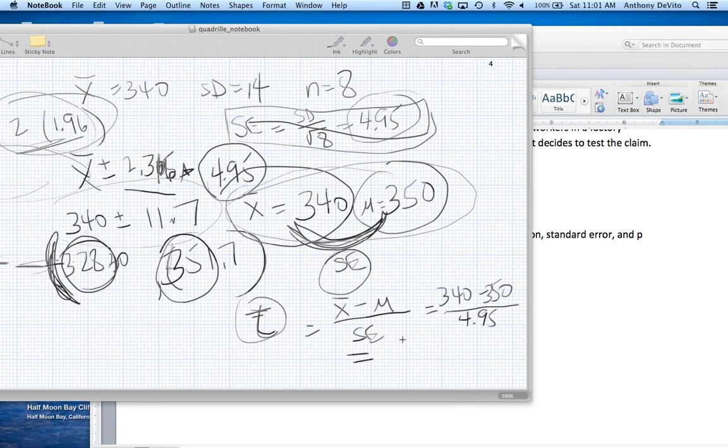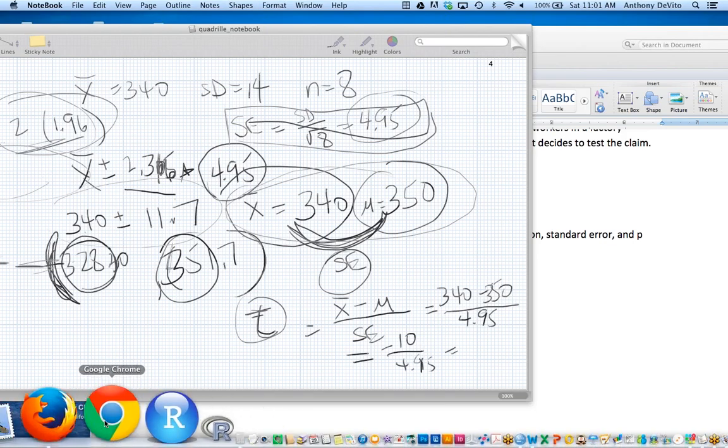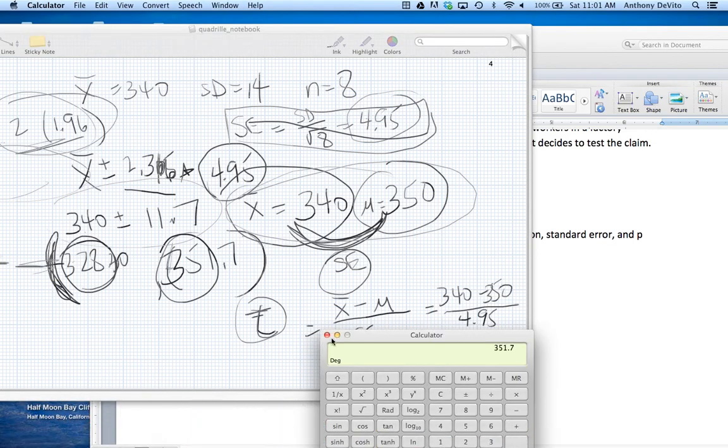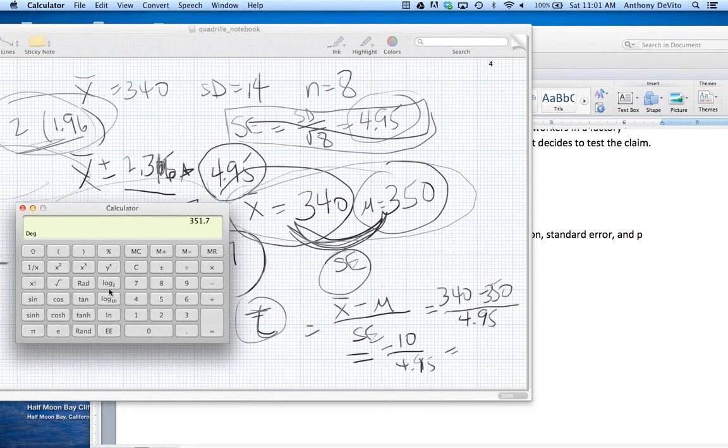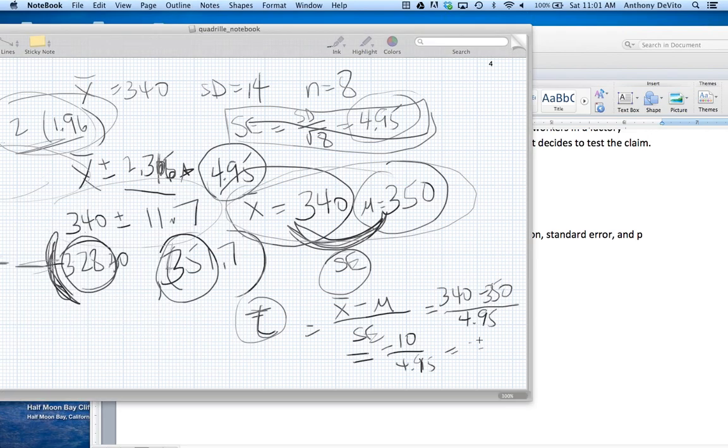So what is our t-score equal to? Our t-score is equal to 10 over 4.95, which is equal to, let me get my calculator out again, 10 divided by 4.95, which is 2.02.